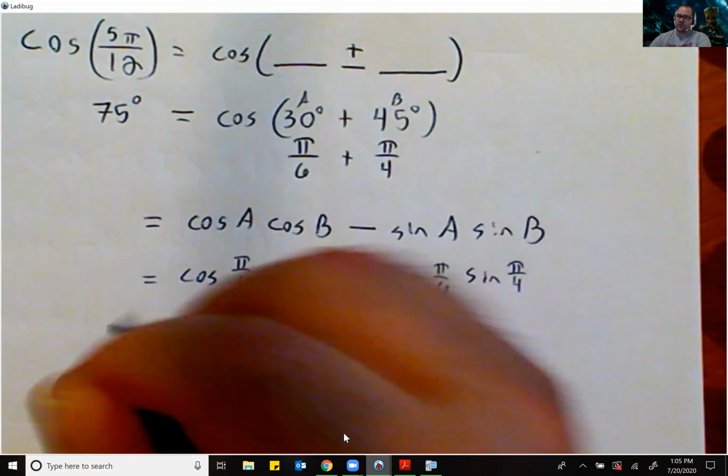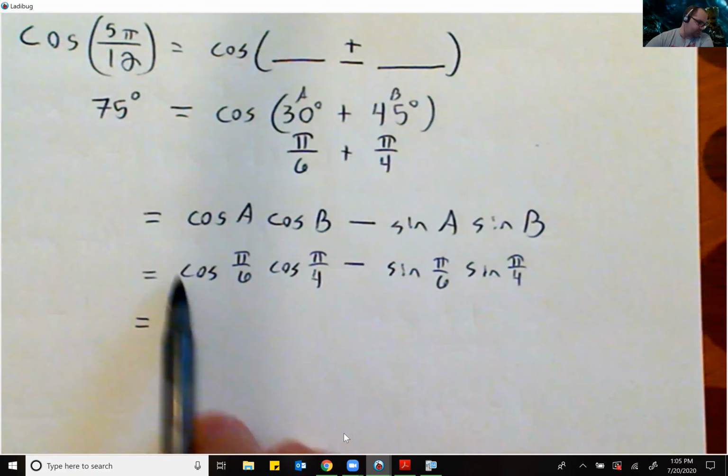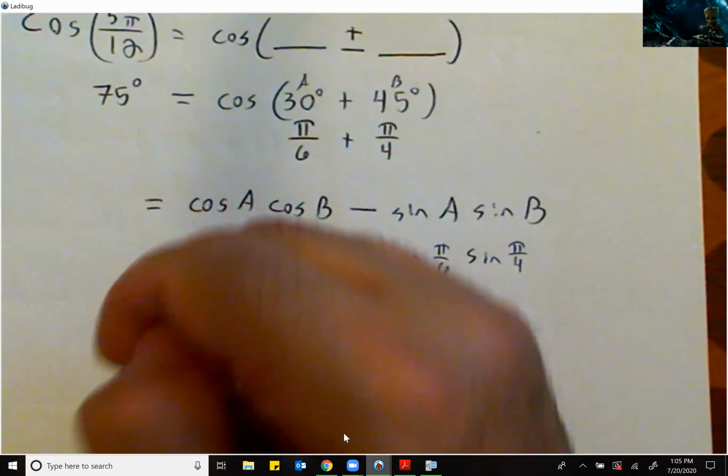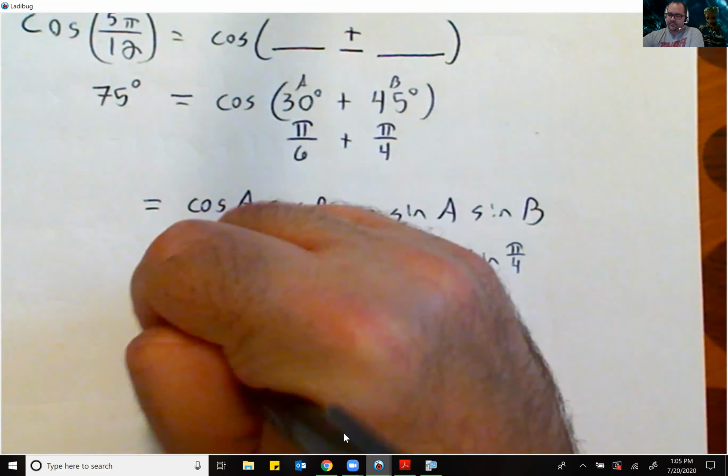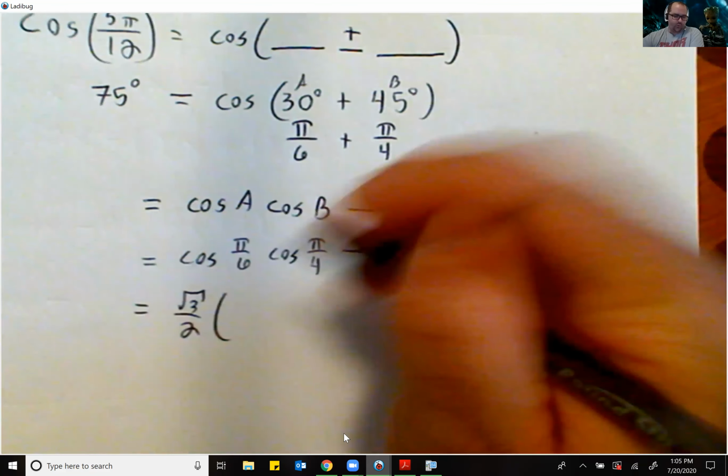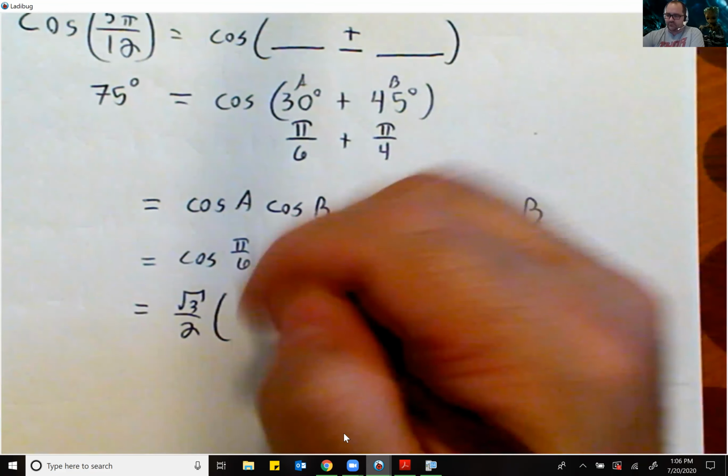And again, because you have quadrant 1 memorized, you know what these are. Cosine pi over 6 is square root of 3 over 2. Cosine pi over 4 is the square root of 2 over 2.